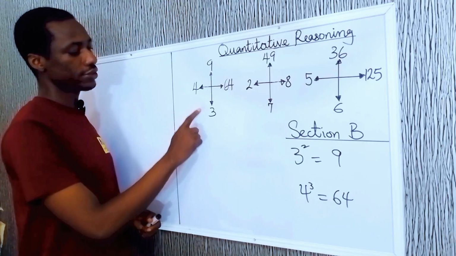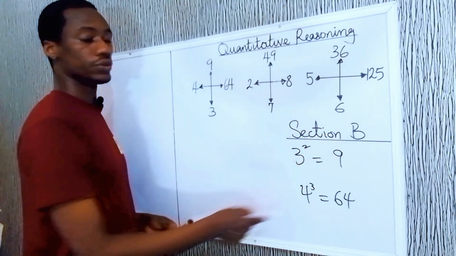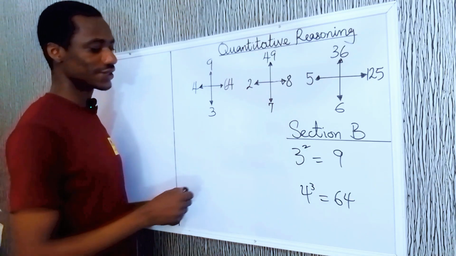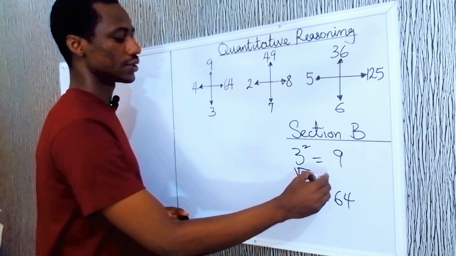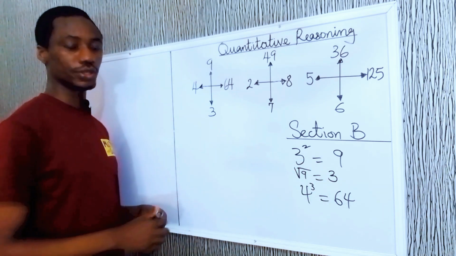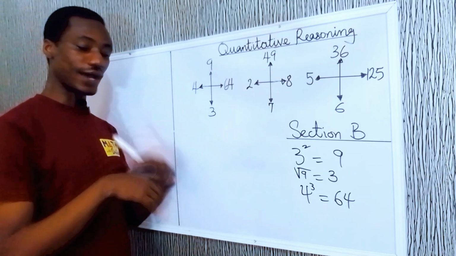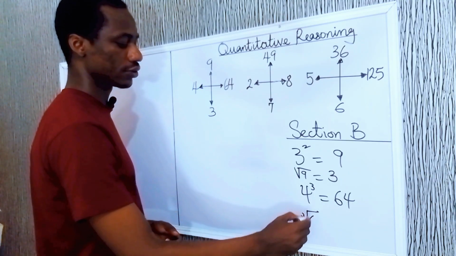So how do we get 3 from here? If you take the square of a number, coming back you take the square root. So we take the square root of 9, and the square root of 9 is 3. And if you take the cube of a number and want to reverse that operation, you take the cube root of that number.